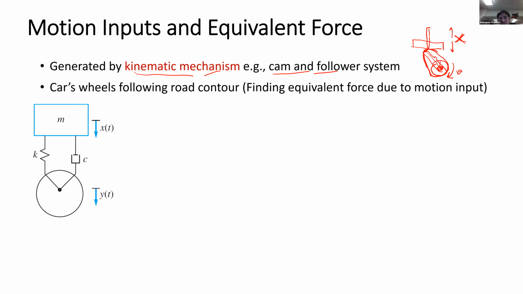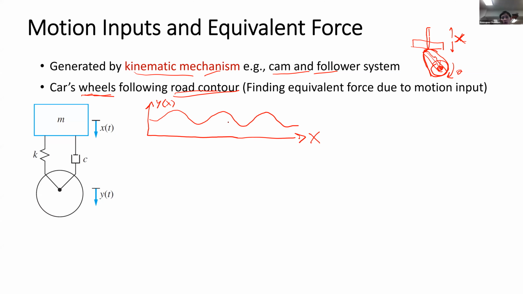Another example that you need to know is the wheels that follow the road contour. The road contour means that when the position changes, the road surface also changes. The position may be x, and the level change of the road can be y, a function of x.